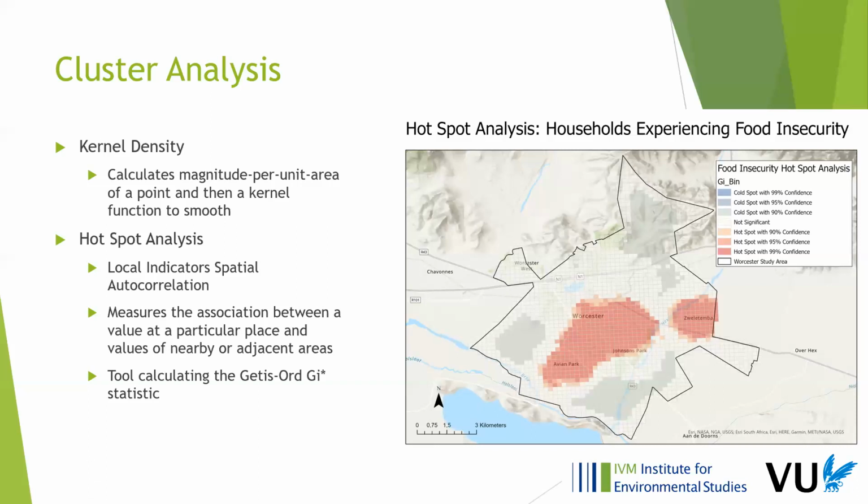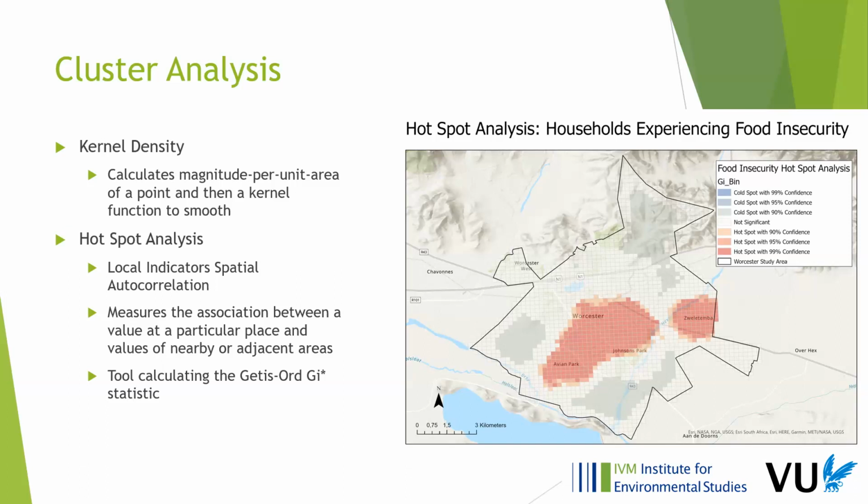Another popular tool for cluster analysis is what we call the hotspot analysis. Here I wanted to highlight hotspots of food insecurity. What a hotspot analysis does is look at local indicators for spatial autocorrelation. It measures the association between a value at a particular place and values of nearby or adjacent areas.